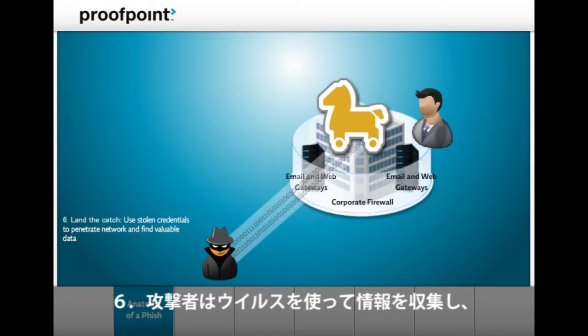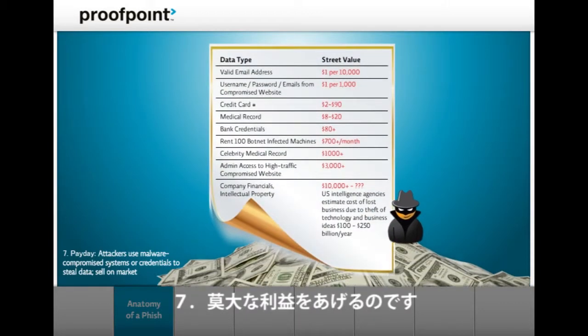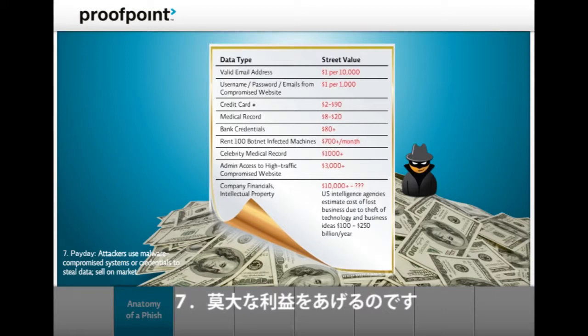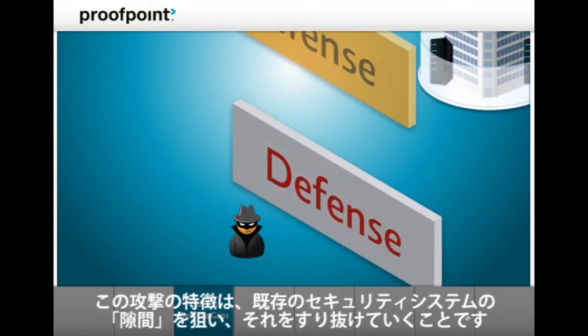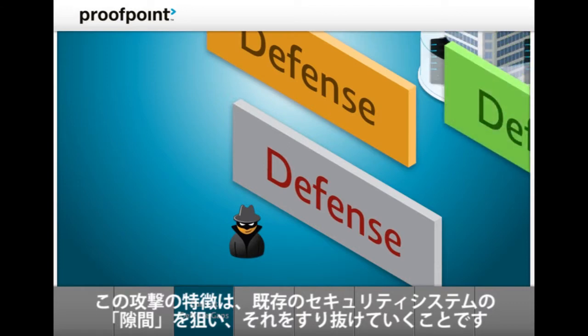Having successfully planted a Trojan or obtained user credentials, the attacker is now free to roam your organization's network and obtain data. The attacker then proceeds to reap the very profitable results of that data theft.